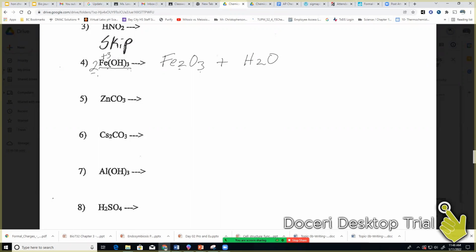So I need to put a 3 in front of here. And I'm hoping that that took care of my oxygen, which is in 2 different places. And did it take care of my oxygen? Yes, it did. I have 3 oxygen here and another 3 oxygen right there. So notice I left that oxygen to the last because it was in 2 places. That made it a little bit harder. So that's how you got to work through those.